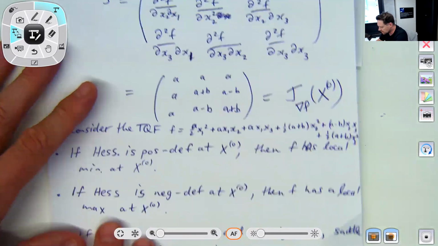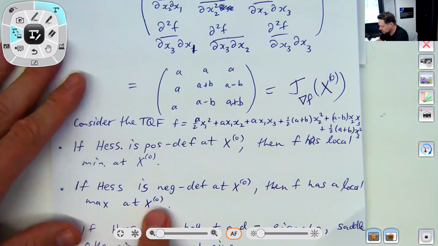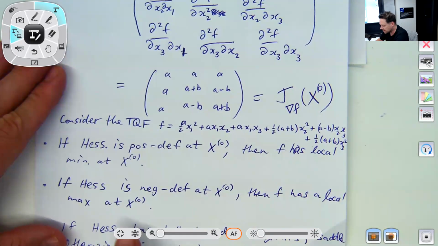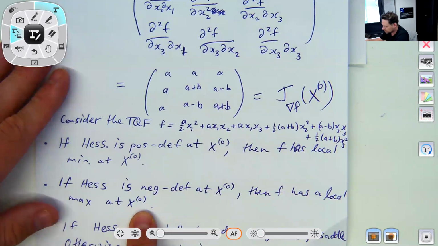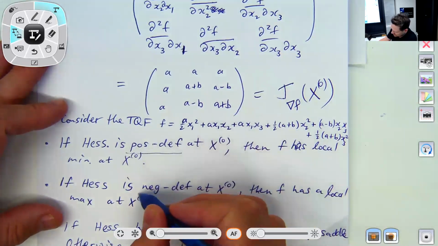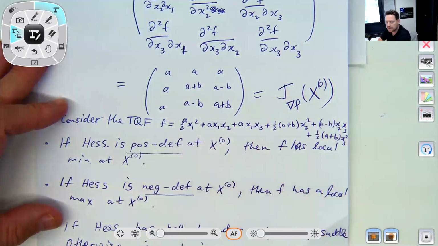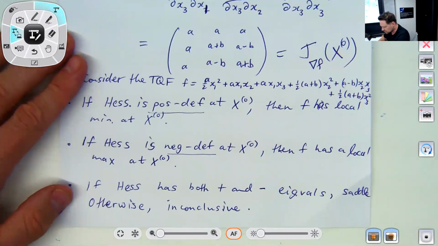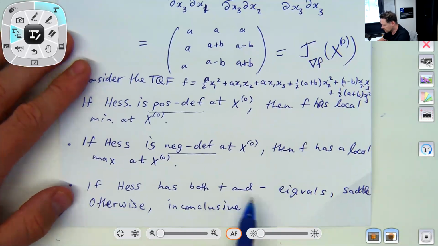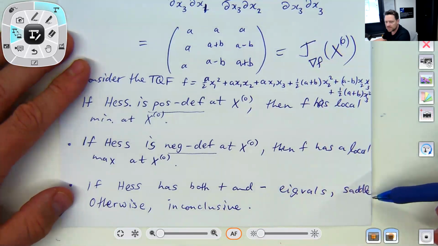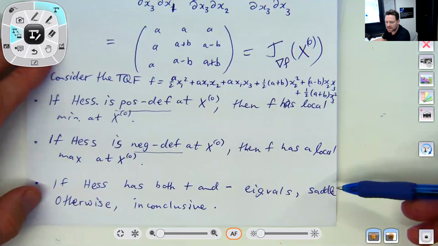If the Hessian is negative definite at x superscript 0, then f has a local max at x superscript 0. But the key words here are positive definite or negative definite, as in no semi in there. Also, if the Hessian has both positive and negative eigenvalues, the three-dimensional analog of this would be a saddle.